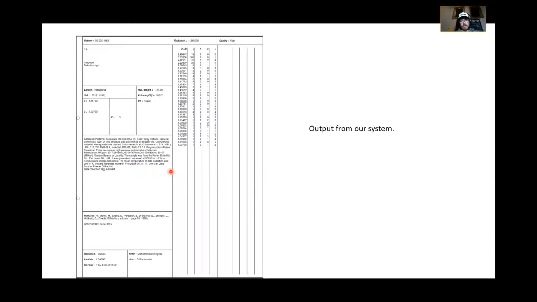You have it in a PDF type database. It's actually really, really useful. Here's the card for tellurium. Tellurium may not have been the best one because of the crystal structure compared to cubic, but this has an A and C parameter, so it's very nice.